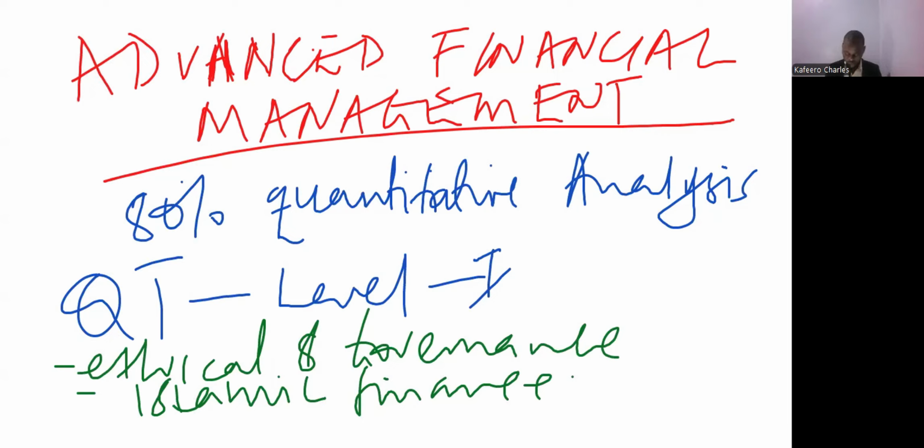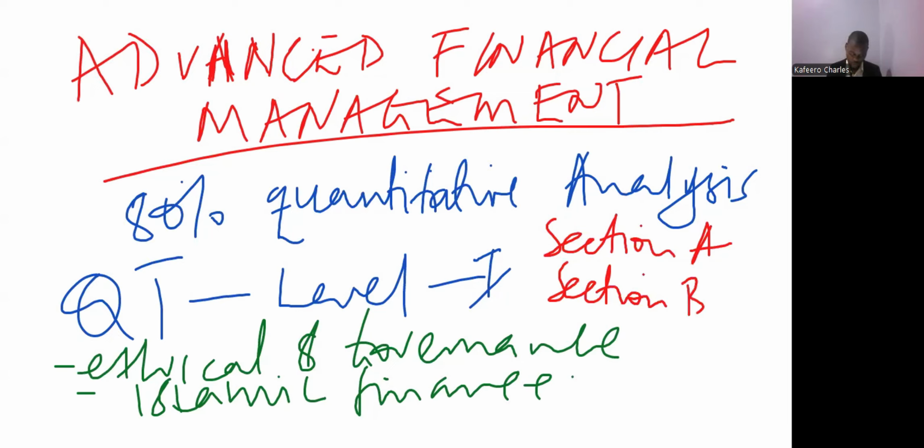The other thing that I want you to note is that this advanced financial management paper has 2 sections. The whole paper is divided into 2: we have section A and section B. Section A has only 1 question that is going to be carrying 50 marks.